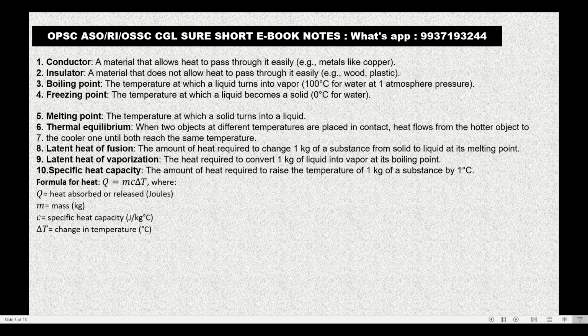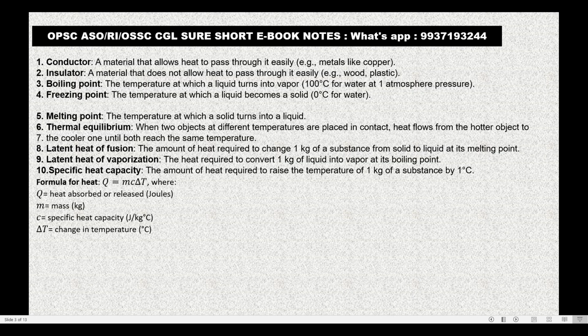Thermal equilibrium: when two objects at different temperatures are placed in contact, heat flows from the hotter object to the cooler one until both reach the same temperature. Latent heat of fusion: the amount of heat required to change 1 kg of substance from solid to liquid at its melting point. Latent heat of vaporization: the heat required to convert 1 kg of liquid into vapor at its boiling point.